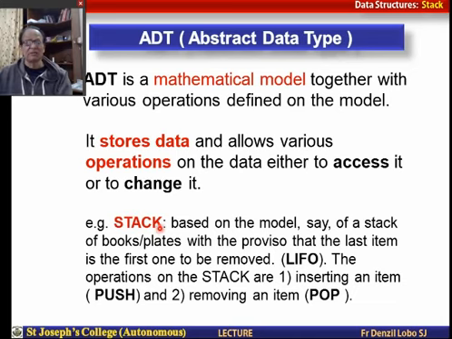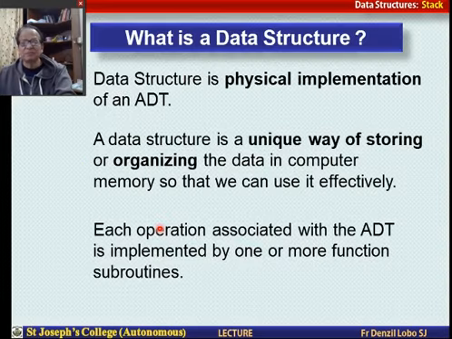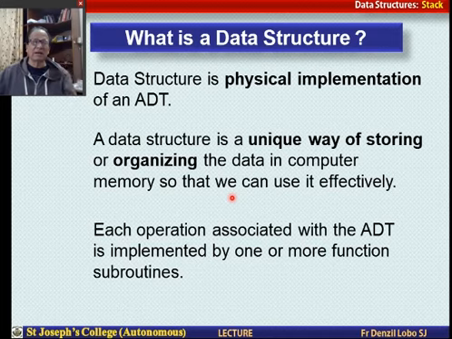So these are the two operations on the stack, and stack has data. This is a data structure in which you have an array and one more variable. So this is how abstract data type defines what kind of data structure we need to have. It doesn't tell us how to do it, but how to do it is done when we write programs for data structures. So data structure therefore is a physical implementation of an ADT.